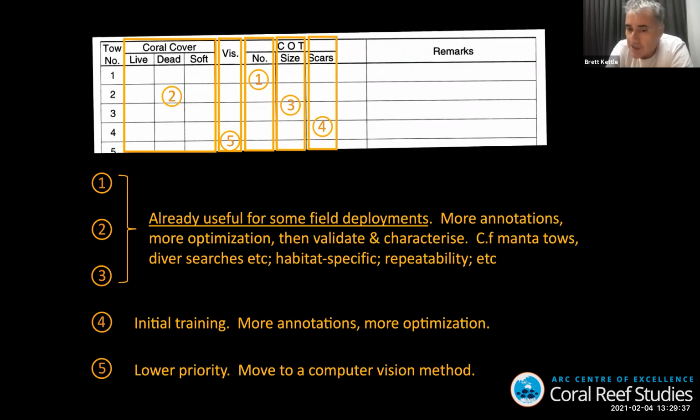And then optimization, validation, and some quite detailed work to both validate and characterize the glider's performance, particularly relative to other manta tow and diver search techniques. Also to look at whether those characterizations are habitat specific, and look at repeatability of the method, etc.